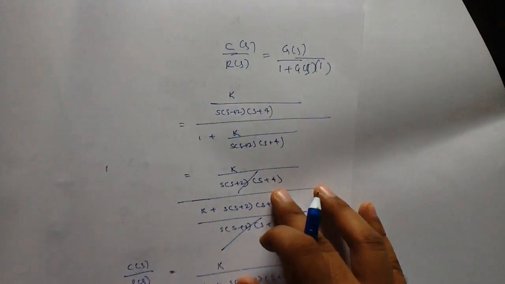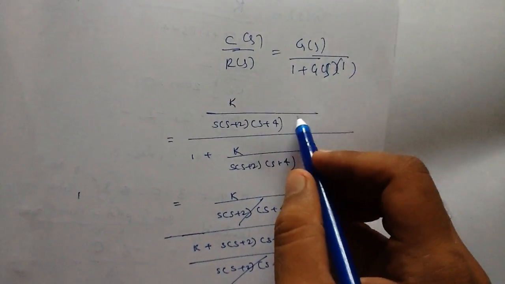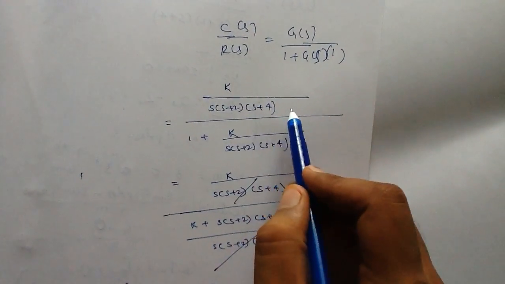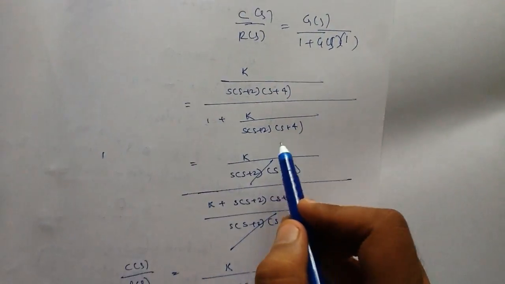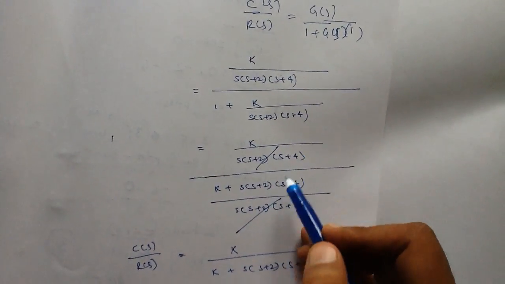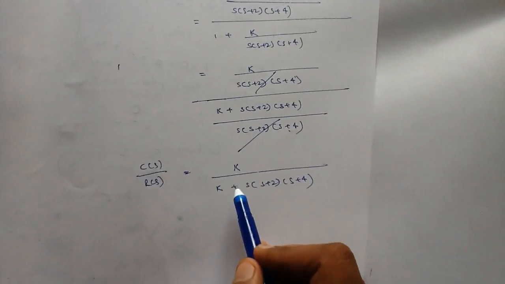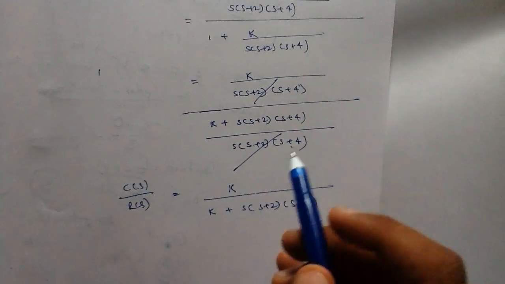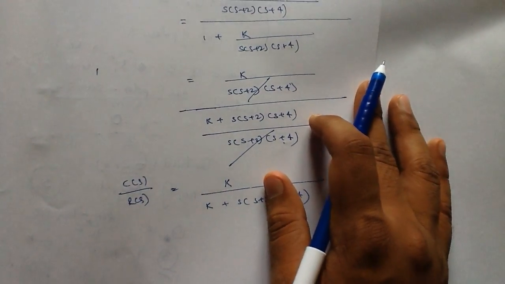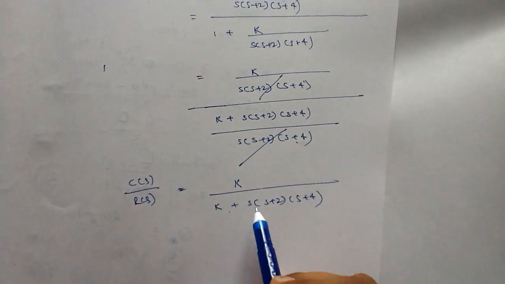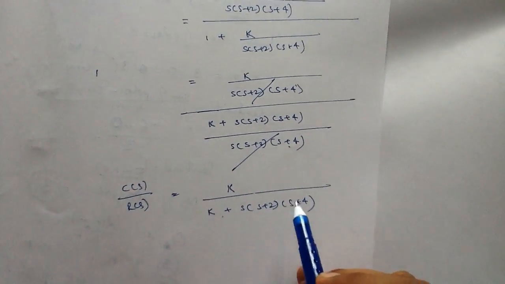Because this is a simple step, I did it myself, I paused it. You can have a look. So g of s is k by s into s plus 2 into s plus 4 by 1 plus that, and then both these common denominators get cancelled, and the final closed loop transfer function you're going to get with the given open loop transfer function with unity feedback is c of s by r of s equals k by k plus s into s plus 2 into s plus 4.